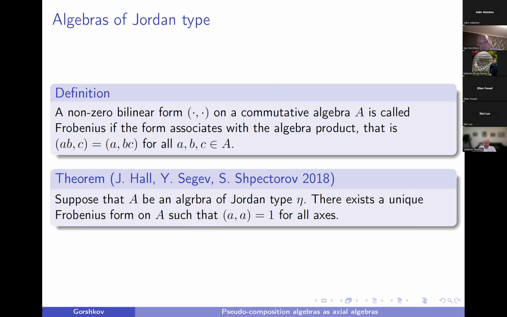And Segev and Spektrov in 2018 showed that Jordan algebras have a unique Frobenius form with the property that (a, a) is equal to 1 for each primitive axis a.